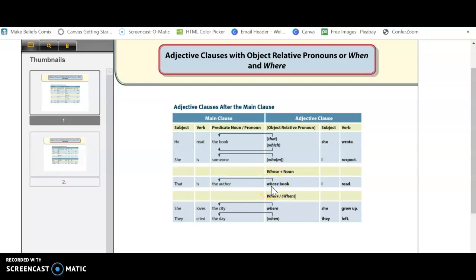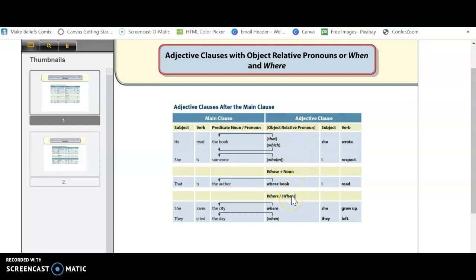So whose book I read will be a perfect adjective clause to describe this author here. Now, you already learned that for object relative pronouns, we added whom in here, right? So this is our additional relative pronoun for the object relative pronouns.